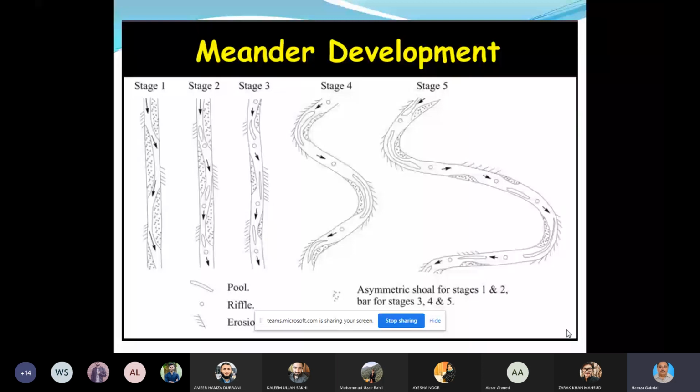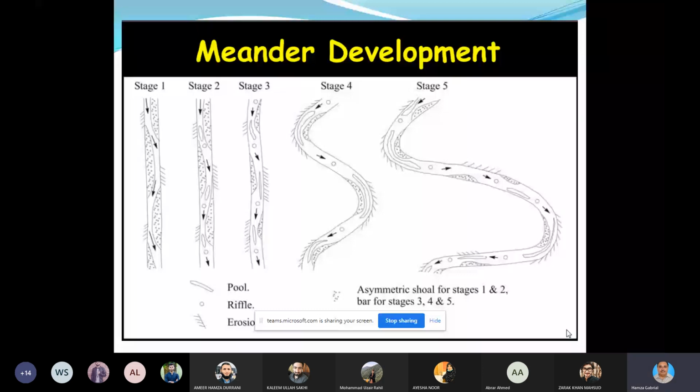But in stage 4 you see very prominent amplitude of the meanders, and in 5 you see that the amplitude has grown larger and the neck will be formed, and the river will then take the shortest path, a cutoff will take place, and an oxbow lake will be formed.